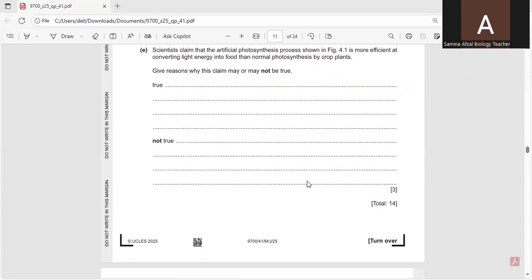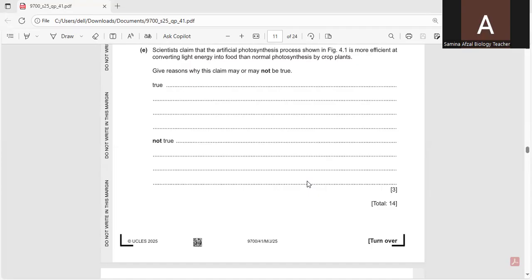scientists claim that the artificial photosynthesis process shown in figure 4.1 is more efficient at converting light energy into food than normal photosynthesis by crop plants. Give reasons why this claim may or may not be true. First of all, they have given the heading for true, so we will go with the true.